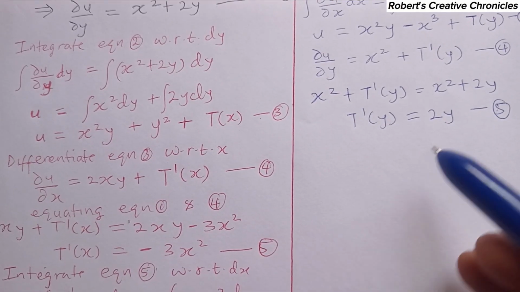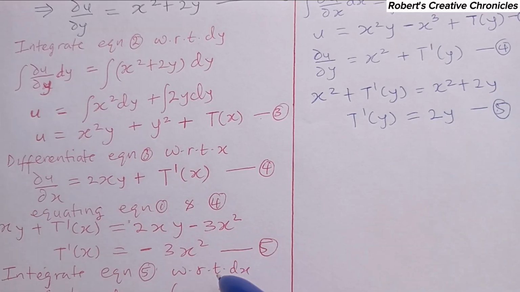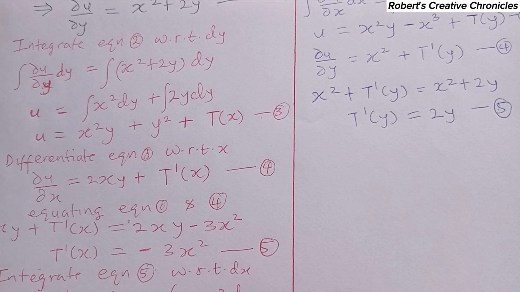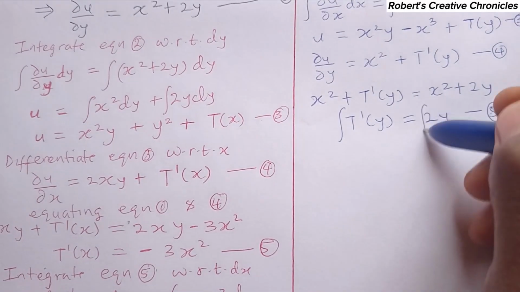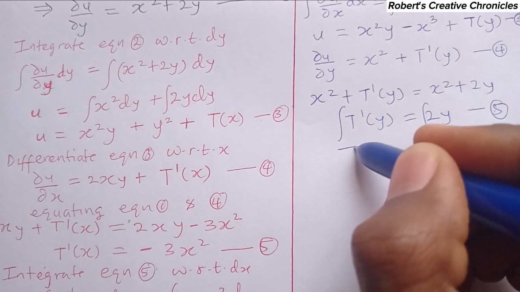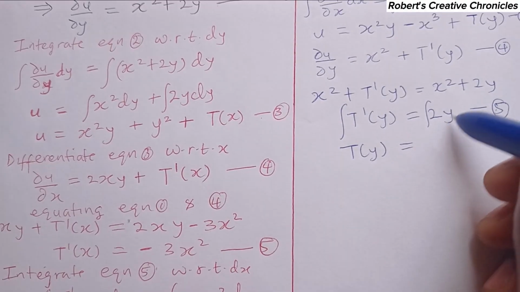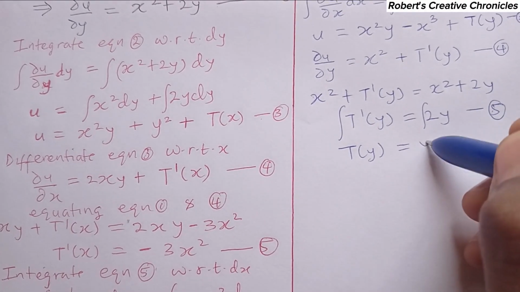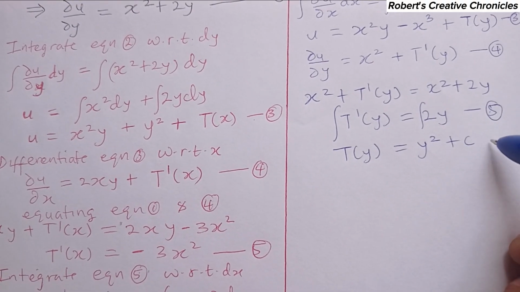So now we integrate equation 5 with respect to y instead of x. The integral of 2y equals y squared over 2 times 2, which is y squared, plus c. So now this becomes equation 6.